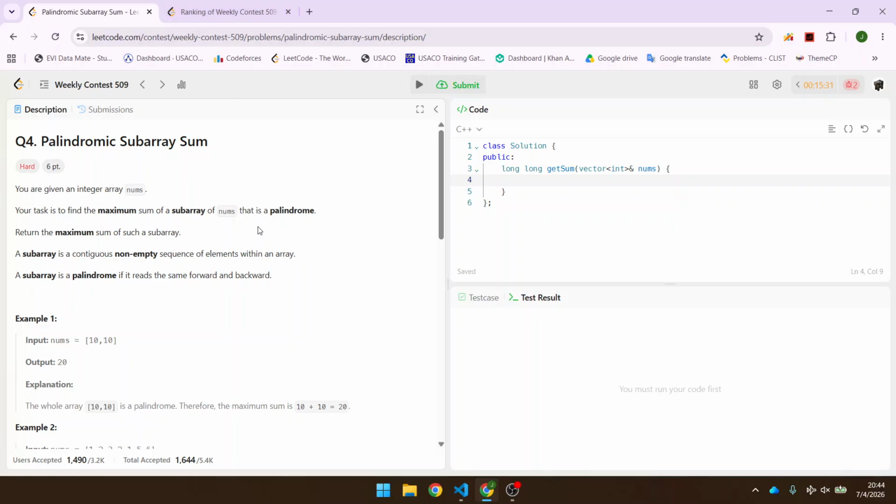We have nums as a palindrome. Return the maximum sum of such a subarray. A subarray is a contiguous non-empty sequence of elements within an array. A subarray is a palindrome if it reads the same forward and backward.